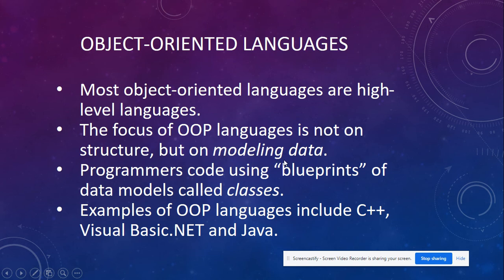You can reuse code, and code can call on code. The third thing: programmers code using blueprints of data models called classes. That's a big thing that we're going to be getting to in 115. Don't have to worry about it now. But examples of object-oriented programming include C++, Visual Basic, Java.